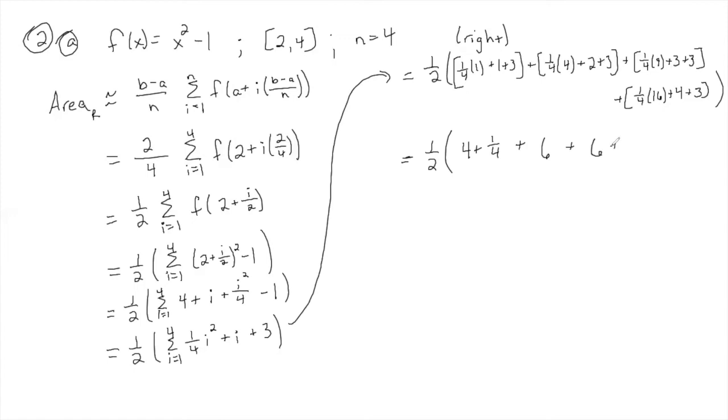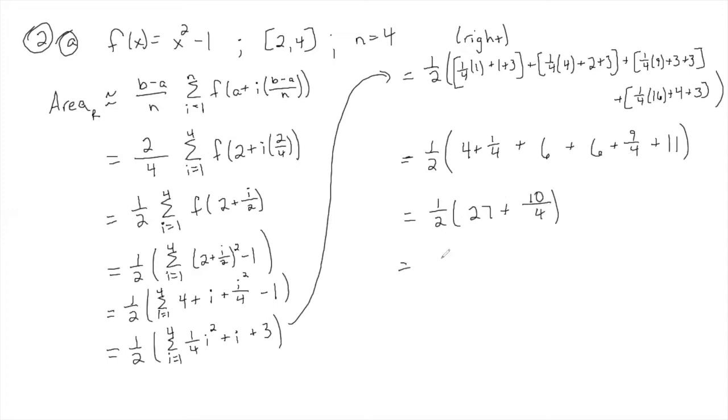Okay, so I get 6 plus 9 over 4. 16 times 1/4 is 4, plus 4 is 8, plus 3 is 11. Okay, so I can combine my like terms. My whole numbers are going to be 10 plus 17 is 27, plus 1/4 plus 9/4 is 10/4.